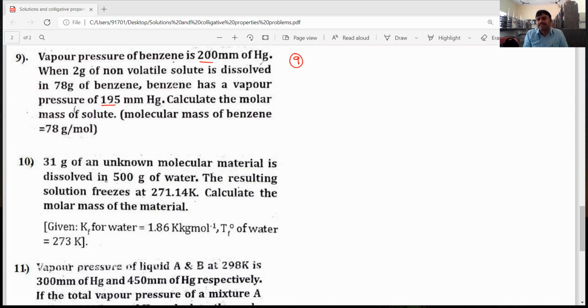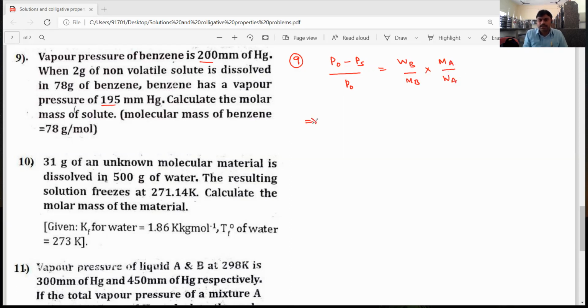Vapor pressures are given, so we use the relative lowering of vapor pressure formula. P naught minus Ps by P naught is equal to the mole fraction of solute. For dilute solutions, that is equal to weight of solute by gram molecular weight of solute, into gram molecular weight of solvent divided by weight of solvent.